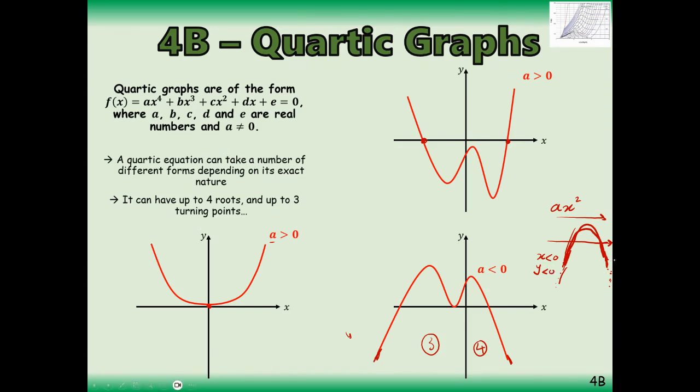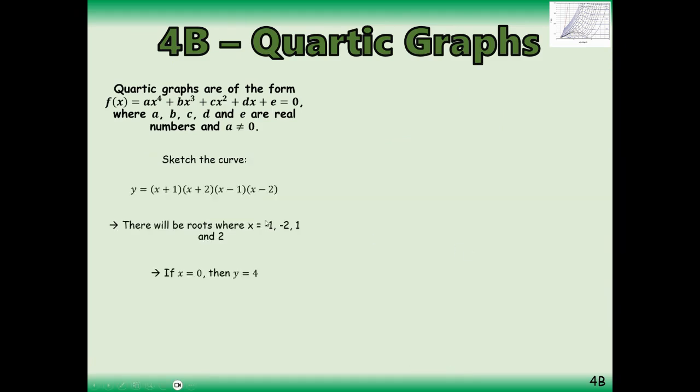When x is a very large positive value, y is still a negative value. Do you see the similarity? The power here is an even number, and for this graph the highest power of x is also even, and a here is negative. So with that, when you have to plot the graph for this, let's have a look at this example here.